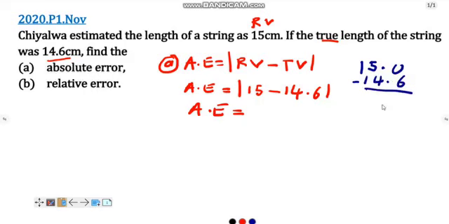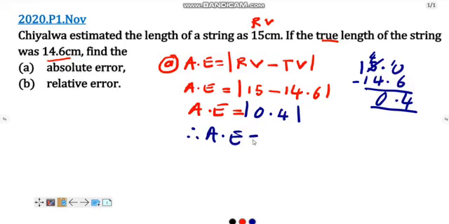You can arrange like this. 0 minus 6, can't, so you borrow a 1 from 5, remain with a 4. So 10 minus 6, it's a 4, point. 4 minus 4, it's a 0. So we are getting an absolute error of 0.4. Therefore absolute error is equal to 0.4 centimeter. So this is our answer.